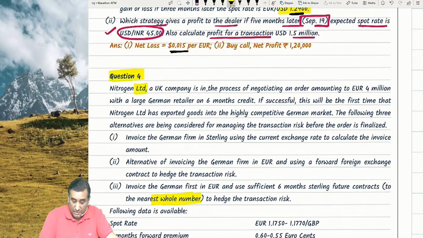Nitrogen Limited company, a large German retailer.